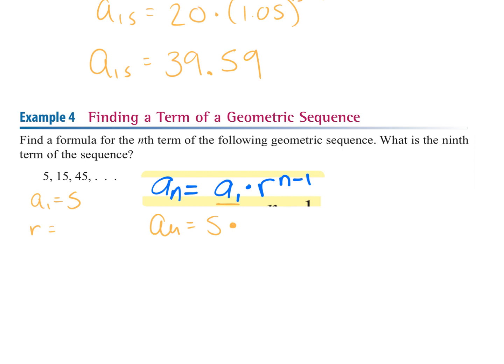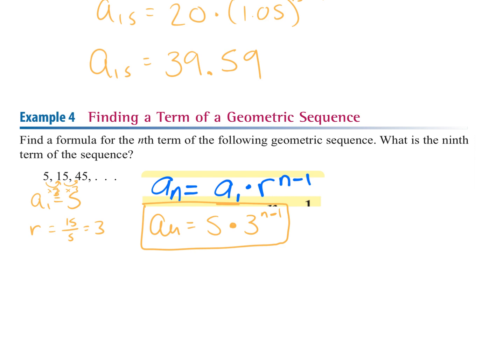How did we know it's 3? Because we're multiplying by 3 to get from 5 to 15, and times 3 to get from 15 to 45. You could also check and see our second term divided by the first term would be 15 divided by 5, which is 3. So r is 3, to the power of n minus 1. So this is our general formula.